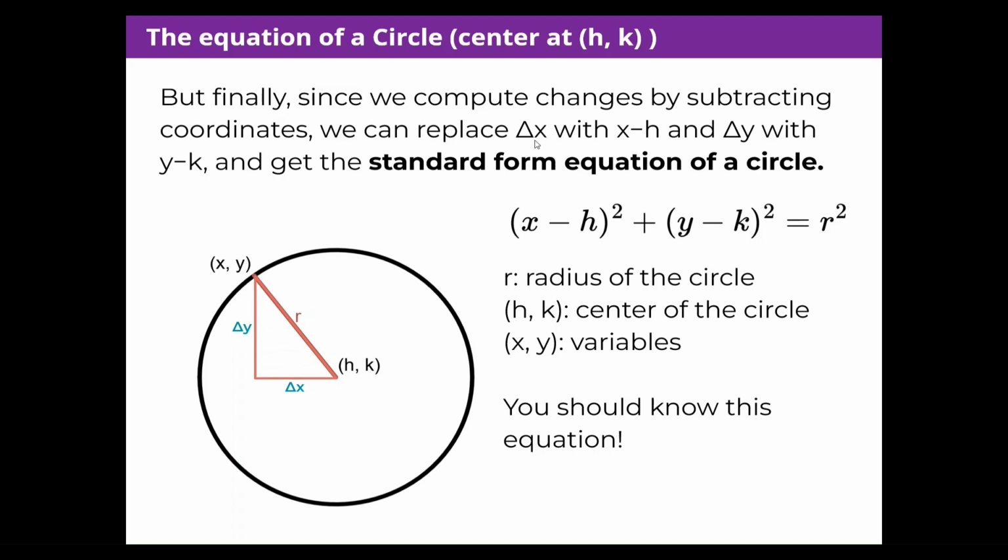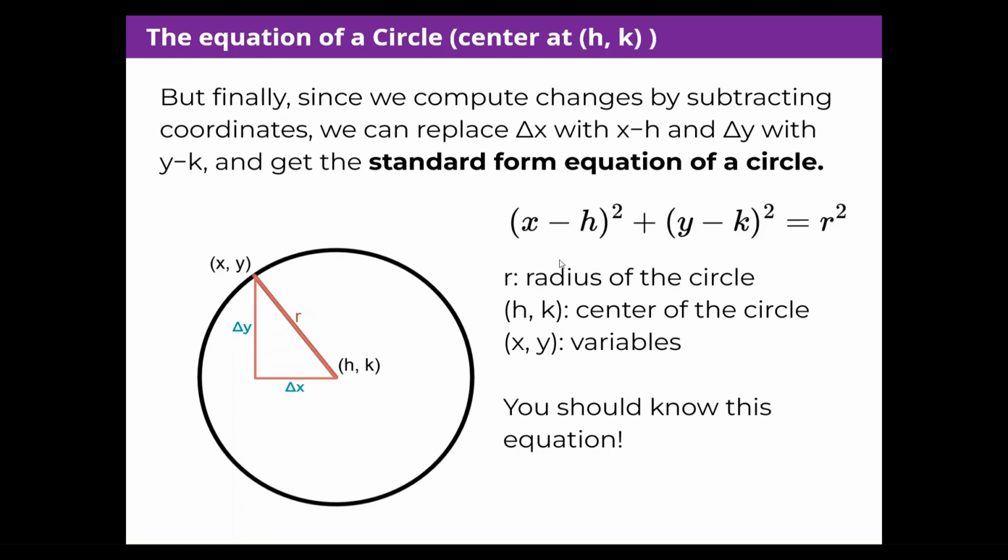And so I will replace delta x with x minus h, and I'll replace delta y with y minus k, and I get what is called the standard form equation of a circle. (x minus h) squared plus (y minus k) squared equals r squared.